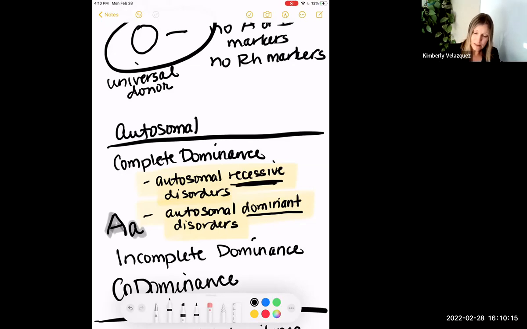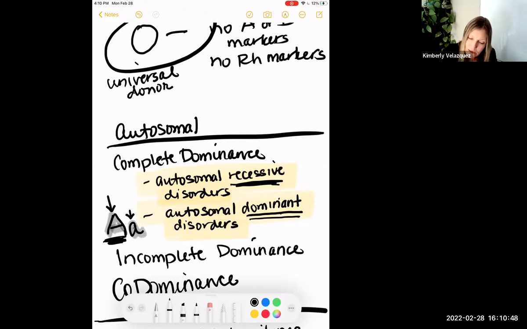So what that means is this big A is either normal or it's disease. If big A is normal, then you're looking at autosomal recessive. In order to get that disease, you would have to have two of the bad gene. But in autosomal dominant, this individual has the disease, because in autosomal dominant disorders, disease is dominant, normal is recessive.